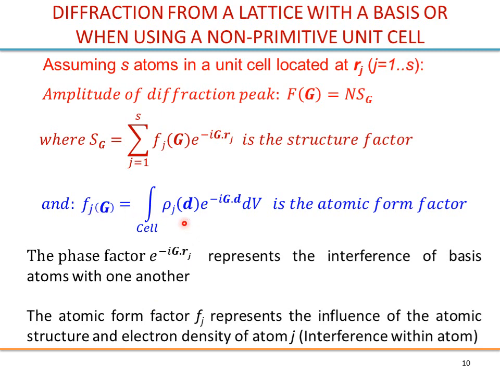Considering the form factor, it represents the influence of the atomic structure and electron density of that atom. So there is, of course, within the atom now, the effect of each part of the atom in terms of intensity here, and also in terms of phase.